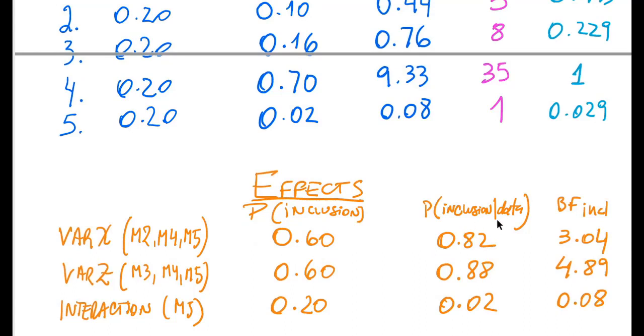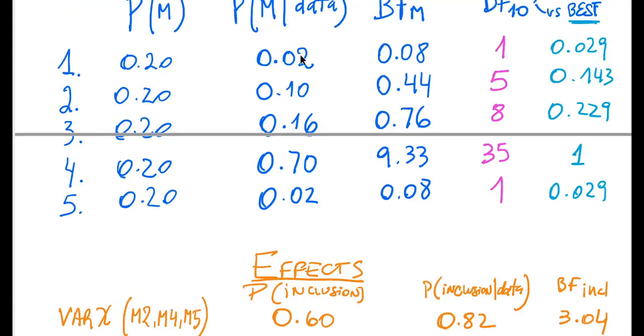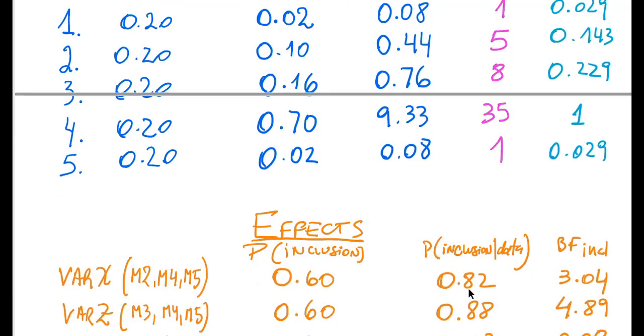The probability of inclusion after observing the data does the same, but instead of using 0.20 and adding all those 0.20, it will use the probability of the model after observing the data. So for variable x, we've got models 2, 4, and 5: 0.10 plus 0.70 plus 0.02. That's 0.82, and that's what we noted there.